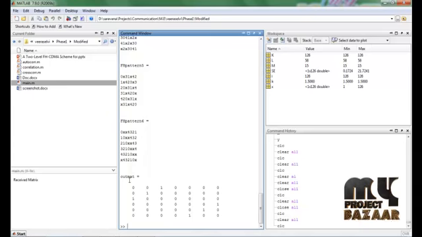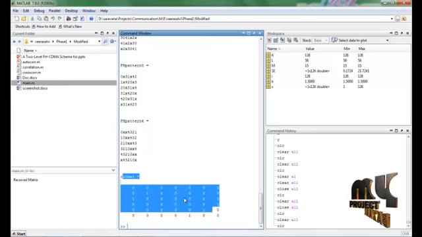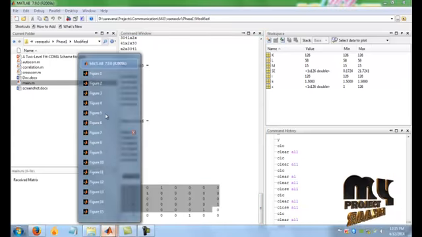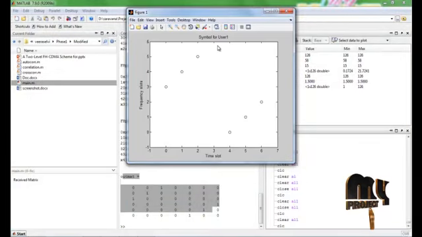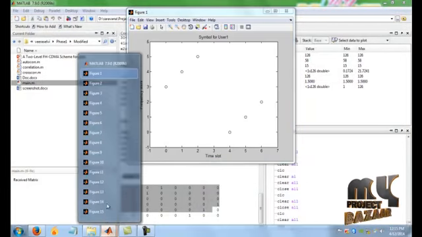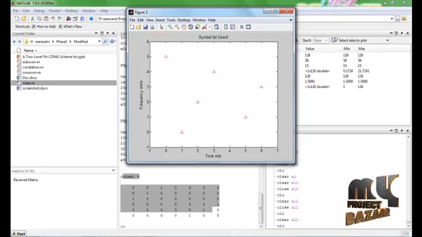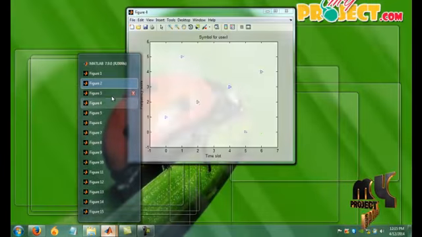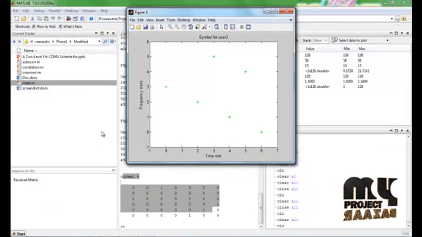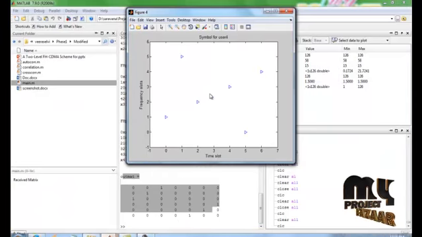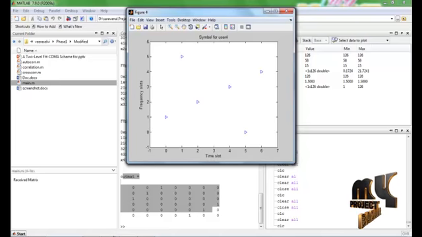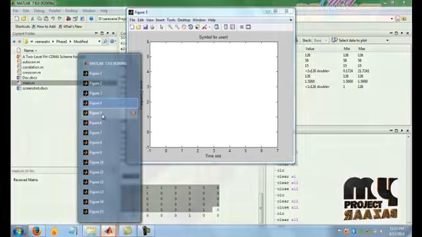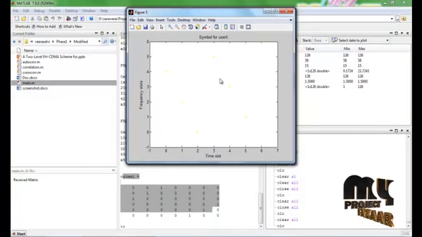This is the output matrix, that is the received matrix. Figure 1 shows the symbol for user 1, figure 2 shows the symbol for user 2, figure 3 the symbol for user 3, figure 4 the symbol for user 4, and figure 5 shows the symbol for user 5.